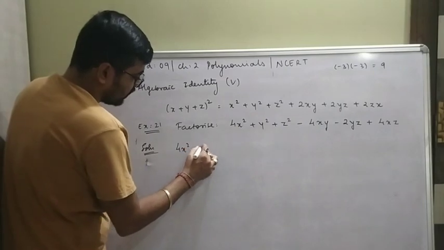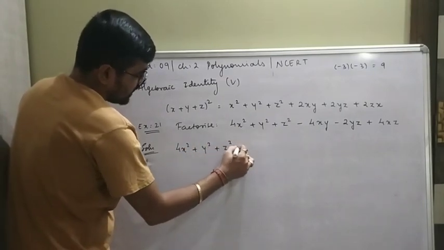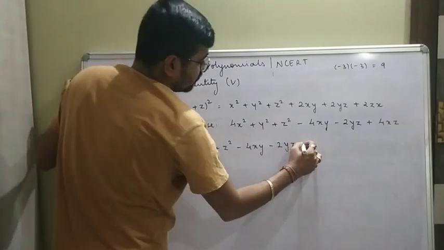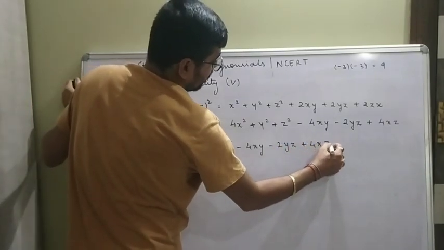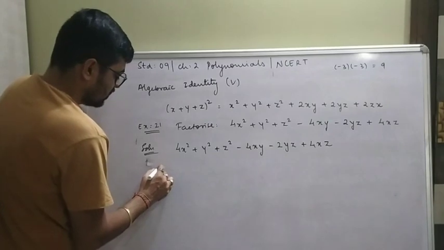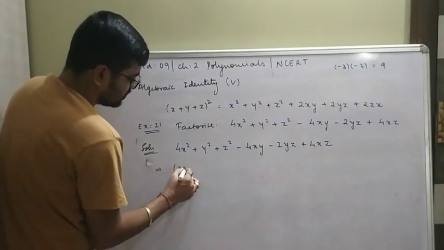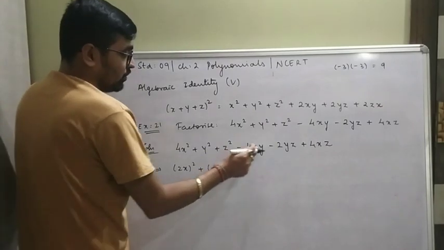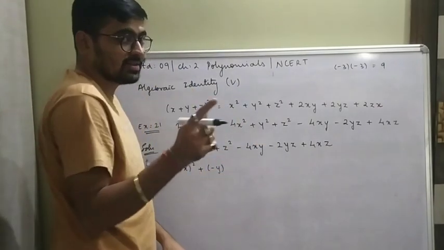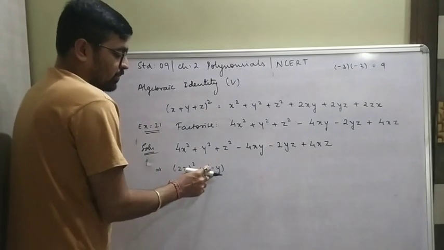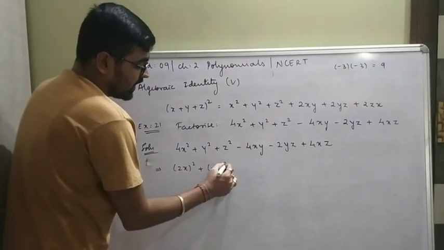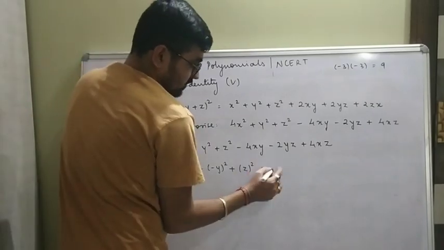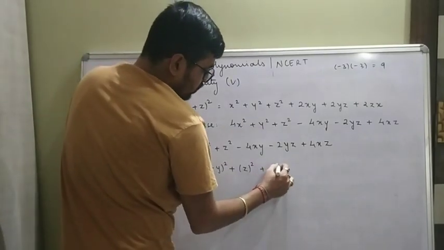So first of all, 4x square plus y square plus z square minus 4xy minus 2yz plus 4xz. 4x square means 2x whole square. I told you I am going to consider this y as negative. That's why instead of positive y square, I took negative y square, plus z square, plus 2 times.